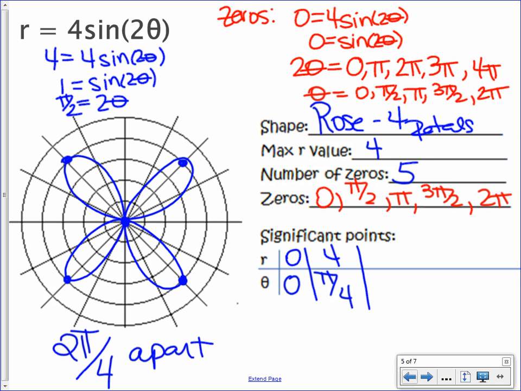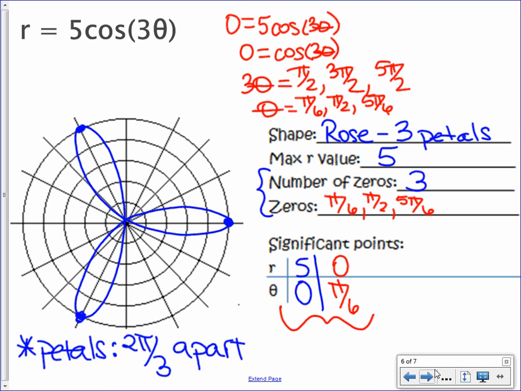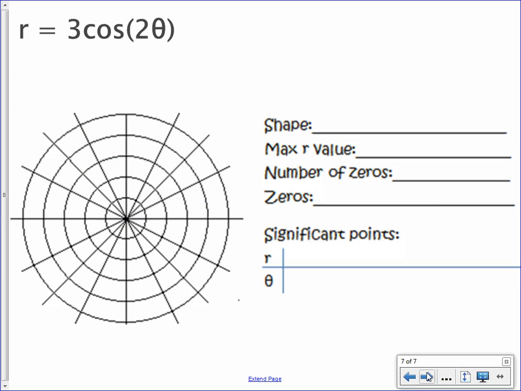Okay. All right, let's get another one. What do we have? A rose curve with 4 petals.